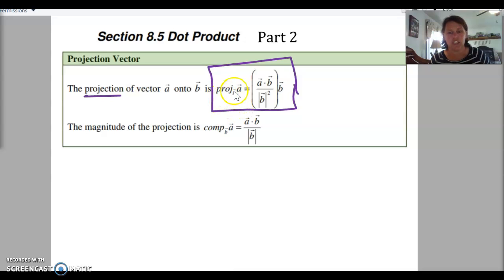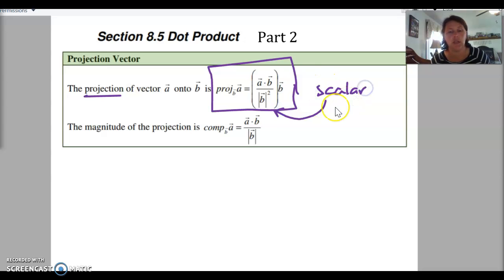So we've got the projection of vector A onto vector B is equal to the dot product of vector A and vector B over the magnitude of vector B squared times the vector B. Everything in the parentheses here is going to end up being a scalar, so just one number.